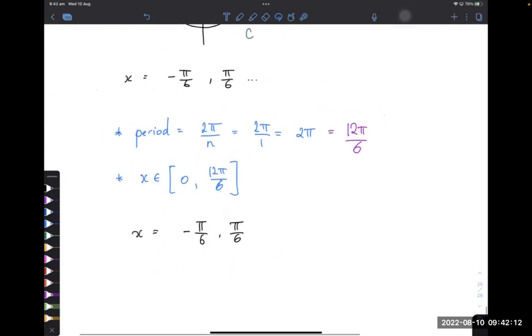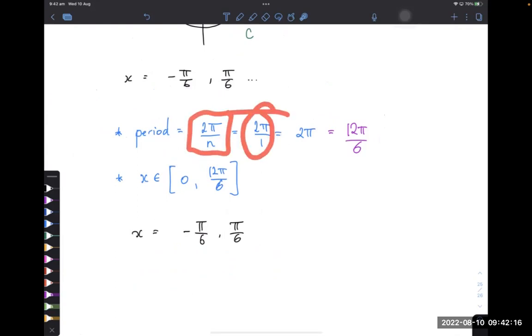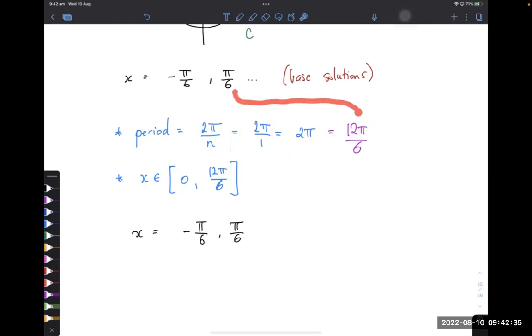How do I get 12 pi on 6? So have a look at this. You know how to get your period? Why did I choose 12 pi on 6 instead of over something else? Look at your base solutions. Your base solutions dictate which fraction you need.